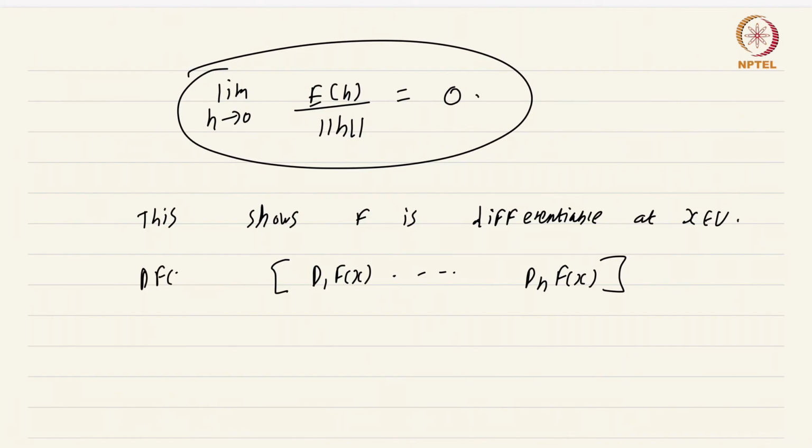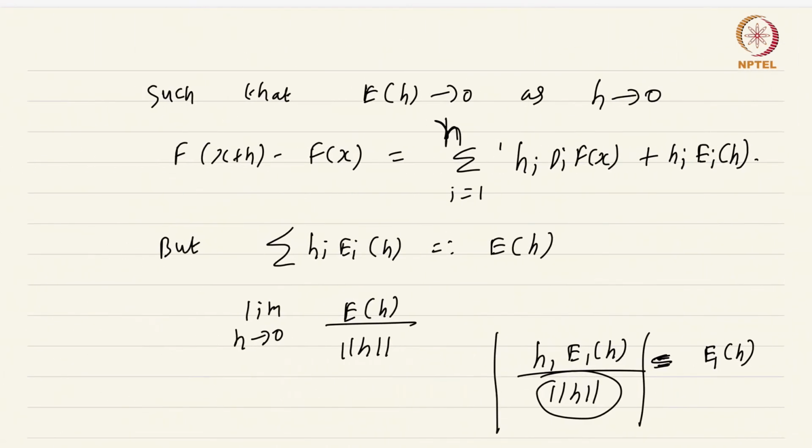Why is this going to be the expression for the derivative? Well, because we have written f of x plus h minus f of x as summation i equals 1 to n, h_i d_i f(x) plus this error term, and this error term is sublinear.